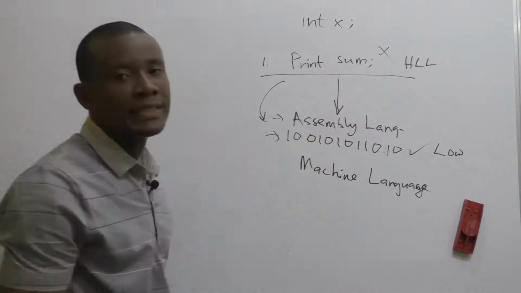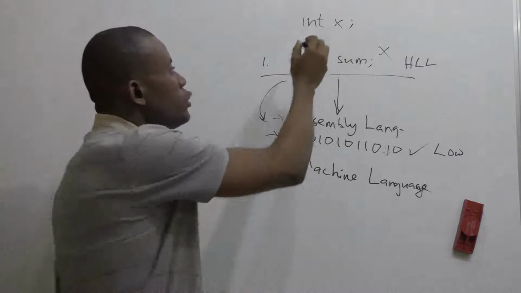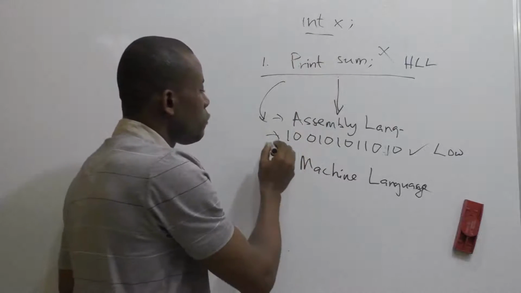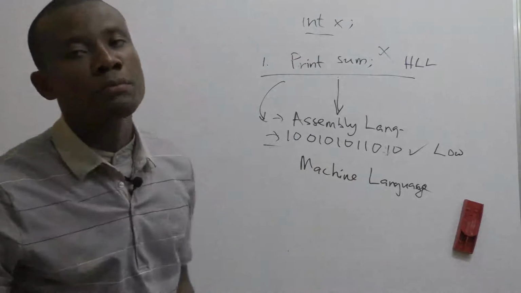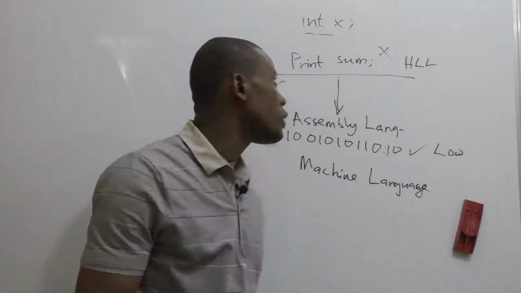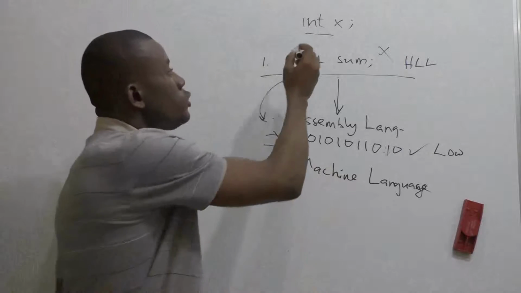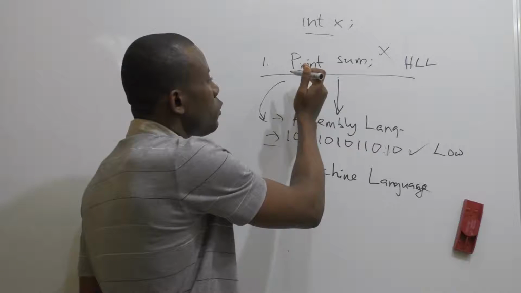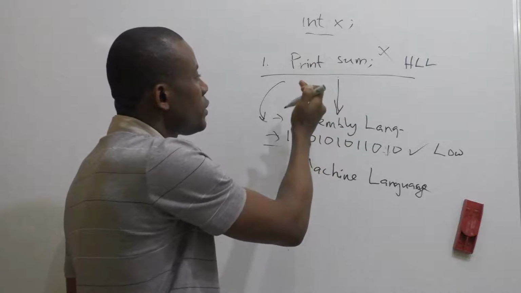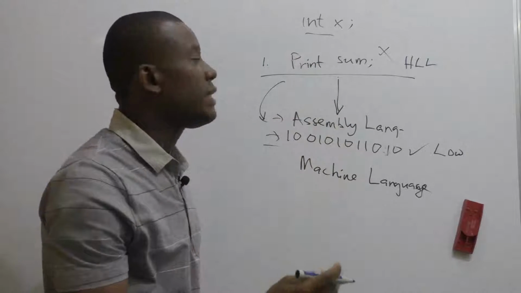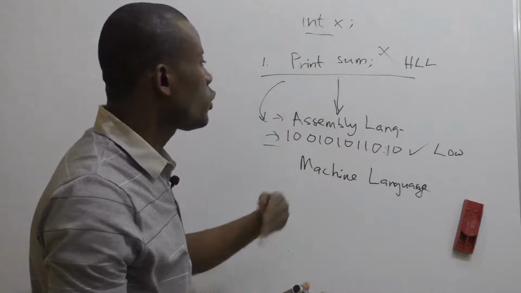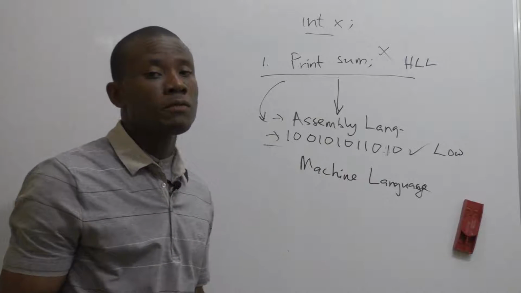When you define x as an integer, this will be converted to a series of ones and zeros through the process of compilation. So what a compiler does is read everything one line after another, one figure after another, and then transform them into a low-level language, and that is the process of compilation.